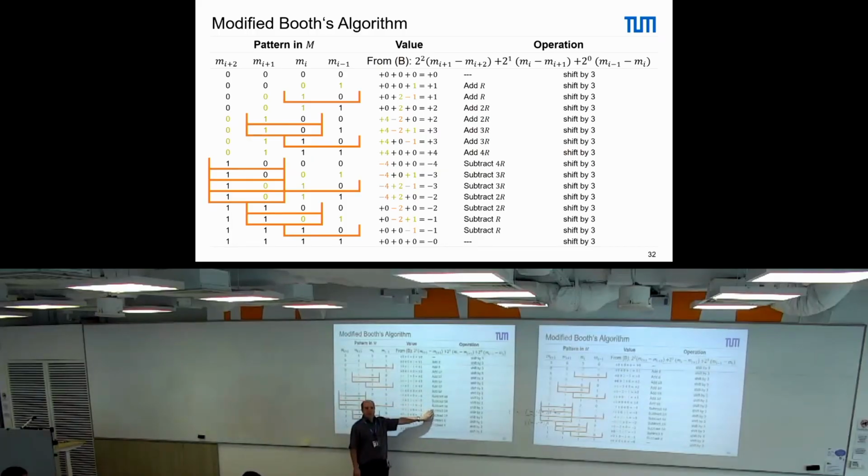What is the problem if I increase here the number of bits I process at the same time? What is harder to calculate? Well, you still need only an adder and subtractor, but what you need to do is pre-compute here additional values. Yeah? And pre-computing additional values from a certain point on doesn't make sense, because what you want to do is a multiplication.